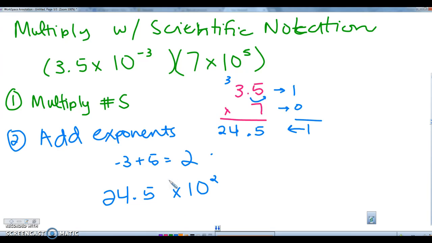And that's mostly a good answer. Except, remember with scientific notation, we only want one number in front of the decimal. So I really need to move this one more time so that I get 2.45 times 10. And because I moved it an extra one, I'll add that one up here, and we'll have 10 to the third power.